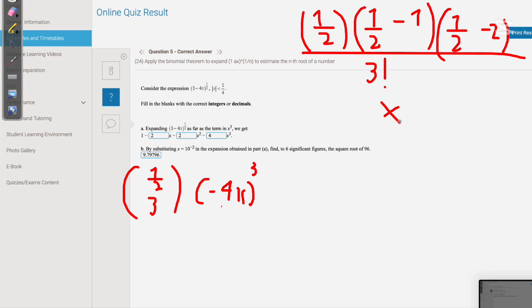And then this entire fraction times negative 4x cubed. Which will give us negative 4x cubed. Times, I'm just gonna make sure, negative 4 cubed. Yeah, it will give us negative 4.